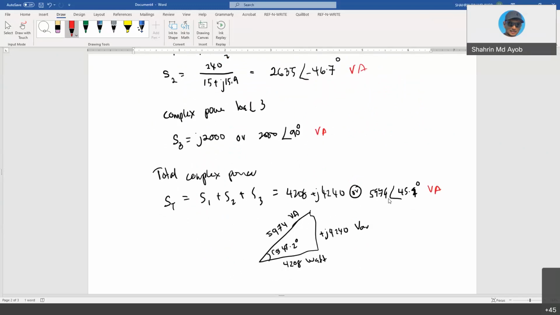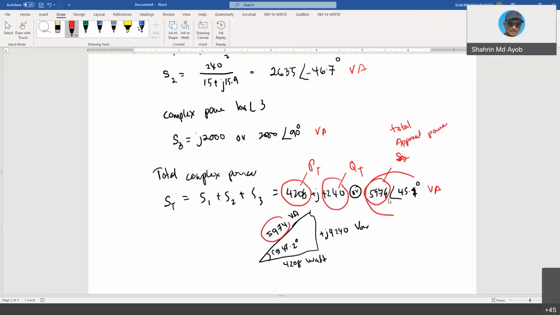If I draw the power triangle, this one is actually your P total, this one is your Q total, and this one is your total apparent power, the magnitude of your complex power here.